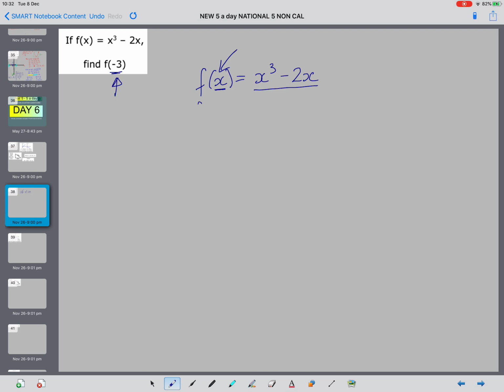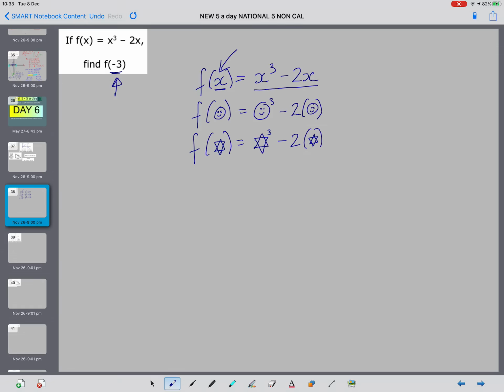So if I change this to f of smiley face, this would equal smiley face all cubed, take away 2 multiplied by smiley face. If I change it to f with a little star in here, again it would change to little star cubed, take away 2 multiplied by little star.